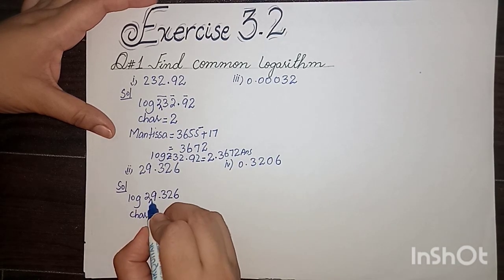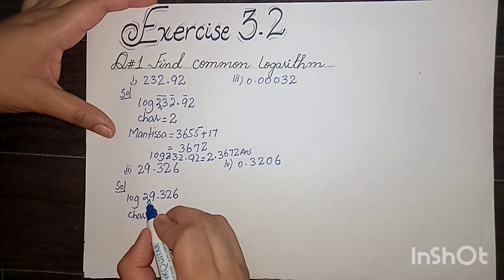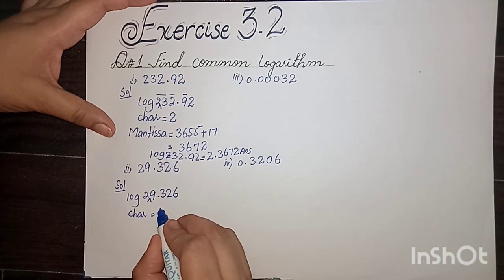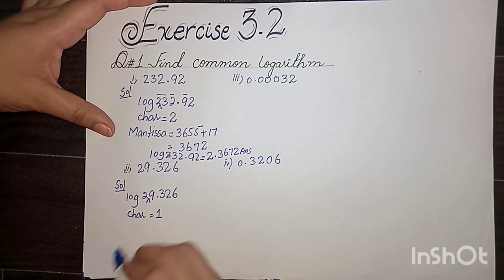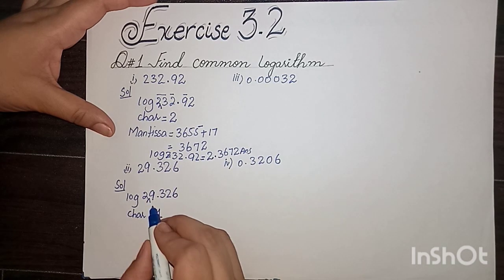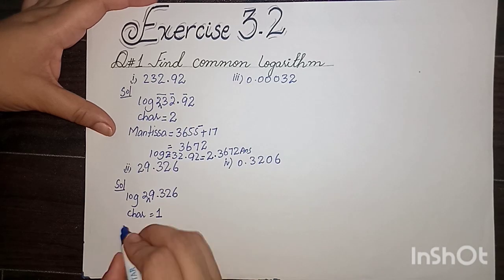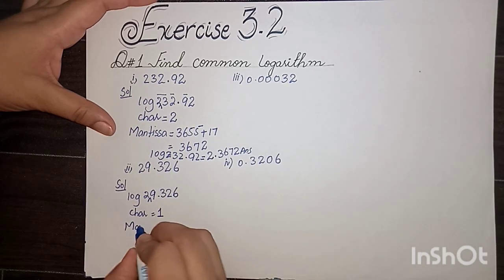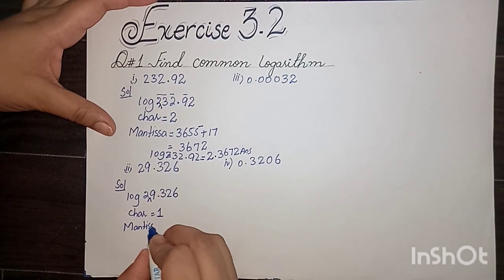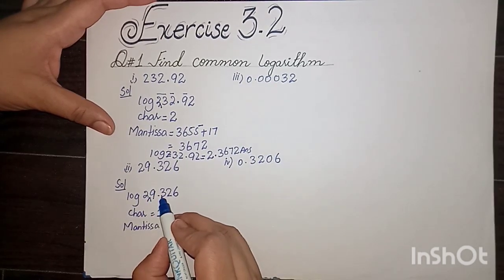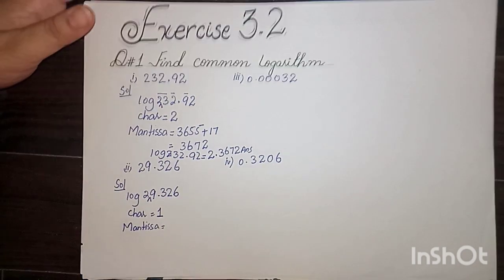After the first non-zero digit I will draw the reference point. In between the reference point and decimal point there is one number, so my characteristic is equal to 1, and the number is greater than 1, that's why I will write a plus sign with the characteristic. Now I will find the mantissa. First I will check 29 in 3 and then 2.